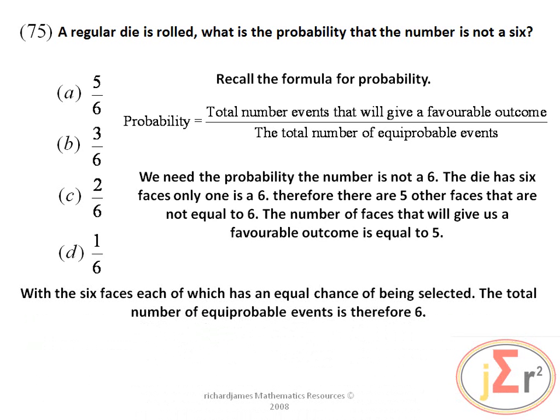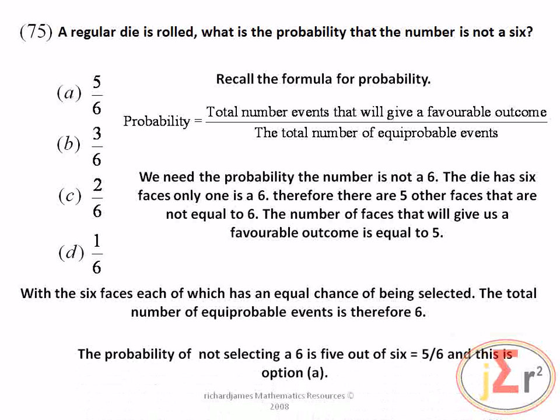With the 6 faces, each of which has an equal chance of being selected, the total number of equiprobable events is therefore 6. The probability of not selecting a 6 is 5 out of 6, which is 5 over 6. And this is option A. So 5/6, and this is option A.